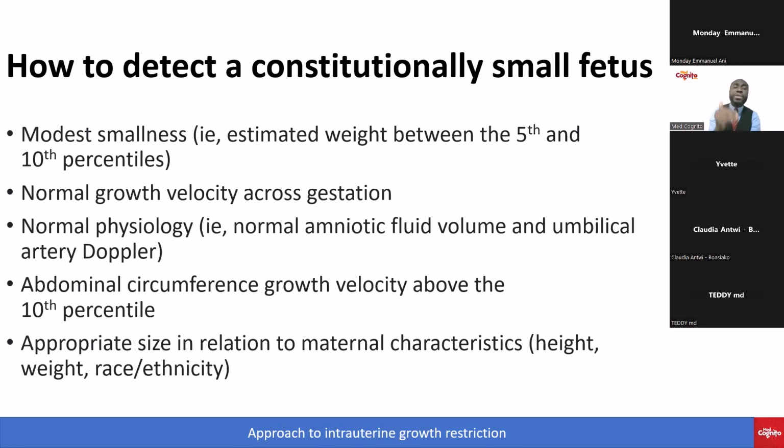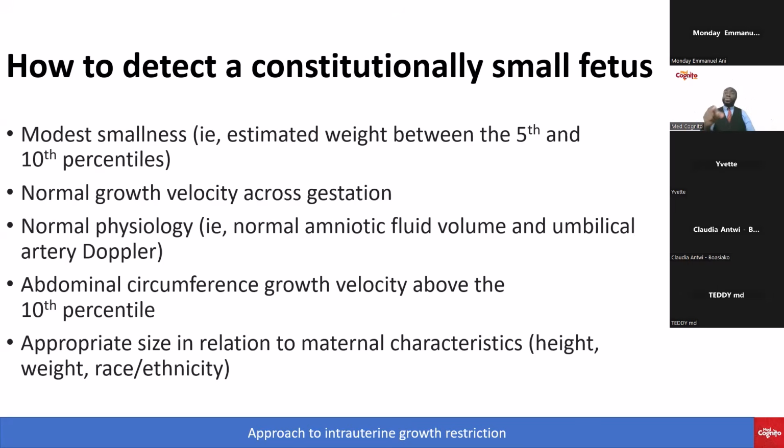If the abdominal circumference growth velocity is above the 10th percentile, and if they have appropriate size in relation to the maternal characteristics, so you look at the mother herself, the mother is small, and the fetus is also looking small, abdominal circumference growth velocity is above the 10th percentile, normal amniotic fluid volume for that size of the mother, normal growth velocity across gestation, then you can say that, okay, this fetus looks like a constitutionally small fetus. But that does not mean that that fetus has IUGR.